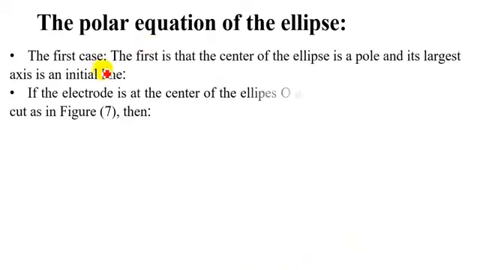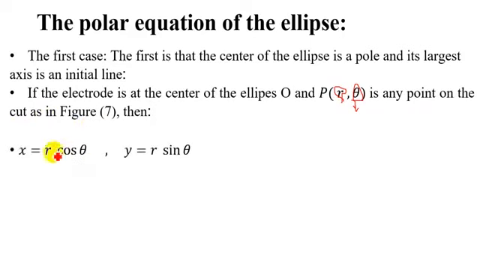We have first case, and in that case we want to change to polar instead of Cartesian, working with r and theta, as we usually change between x and y, so we can get r and theta. For any point on the ellipse, we'll see that x equals r cosine theta and y equals r sine theta, and that's our change.